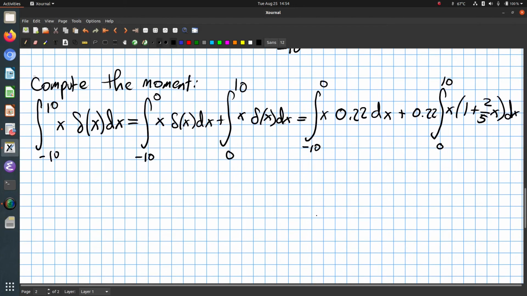Okay. As before, neither of these integrals are particularly difficult to do. Let me just take the 0.22 out and we'll bring it in at the end. First integral is easy enough. The second integral is also not so bad.